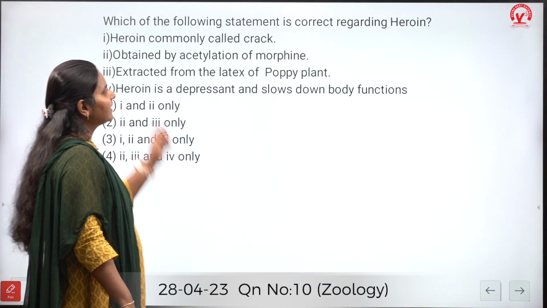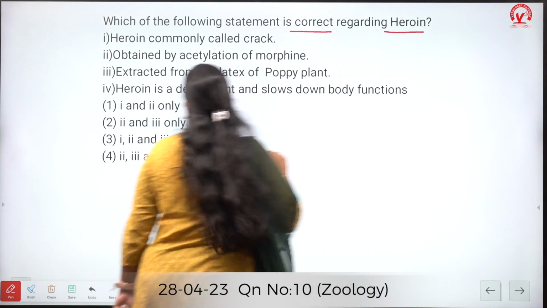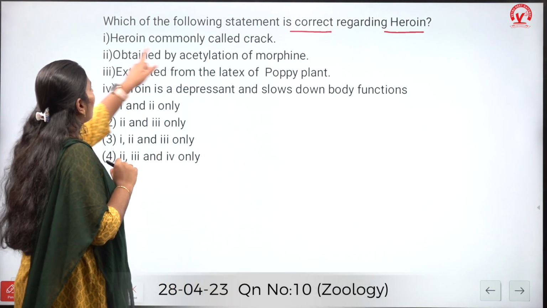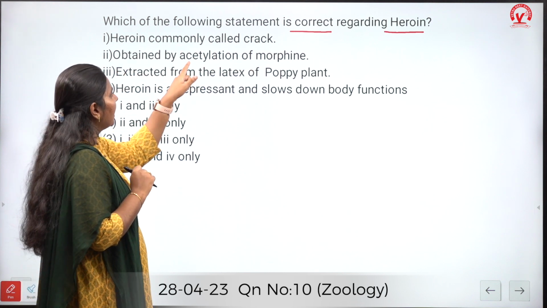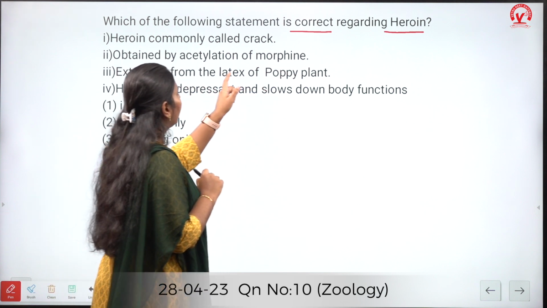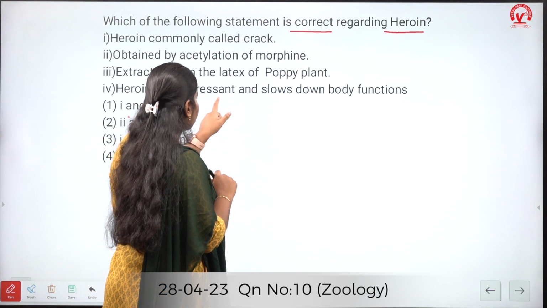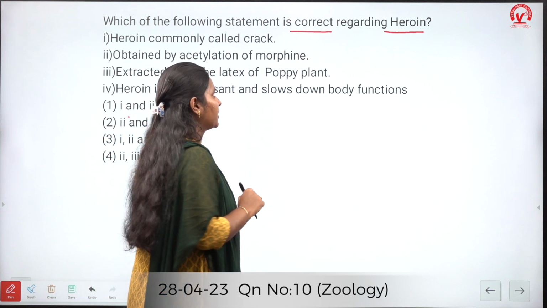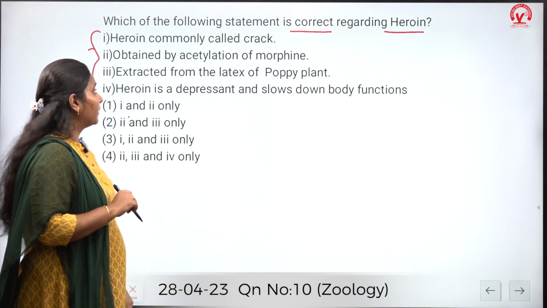Which of the following statements is correct regarding heroin? Heroin is commonly called crack. It is obtained from the acetylation of morphine and is extracted from the latex of the poppy plant. Heroin is a depressant and it slows down the body function. From the given options, we need to find the correct statement.